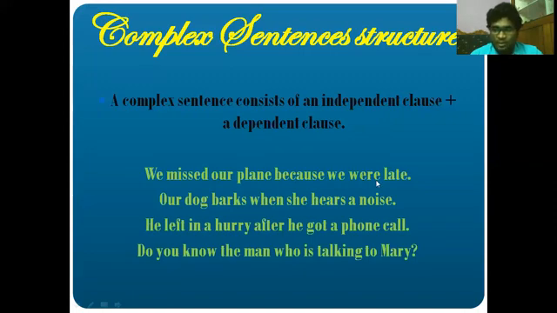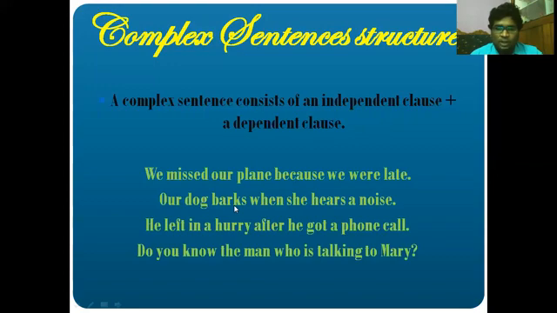You have to tell a reason. So you missed this one, and that's the reason: an independent clause, as well as a dependent clause, in these complex sentences. And: our dog barks when she hears a noise. Without a reason, I don't think it barks, isn't that so? Whenever it is barking, there might be something.